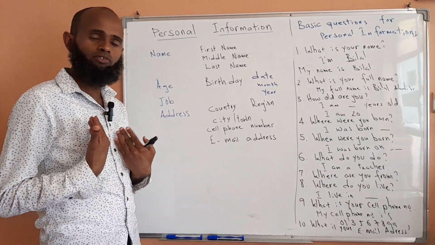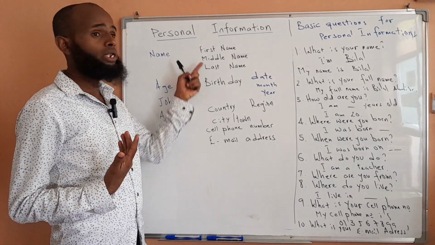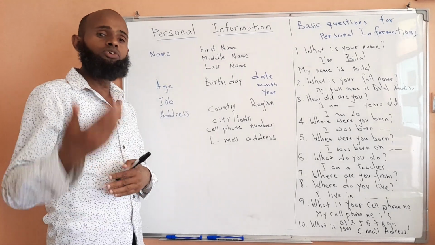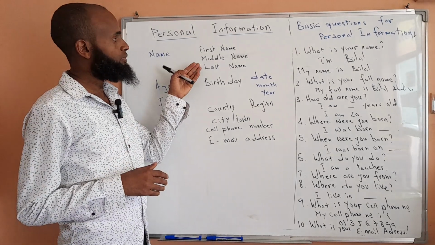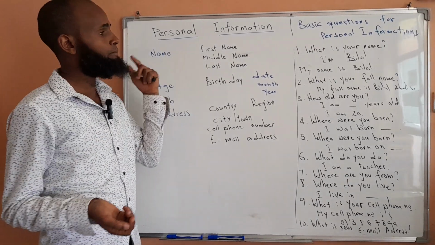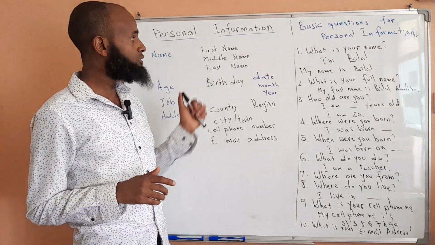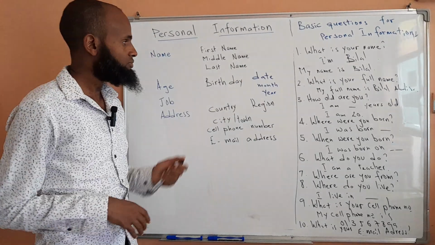Say for example, my first name is Abdissa. Your middle name is your father's name. So you have to tell your father's name, or when you fill different forms at these places, you have to write your father's name.